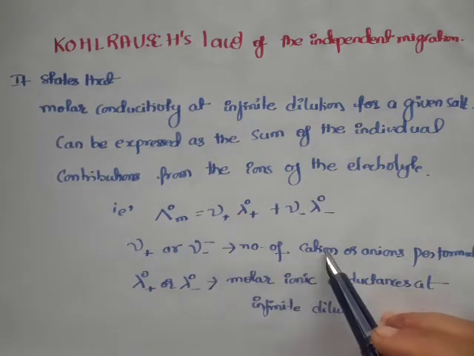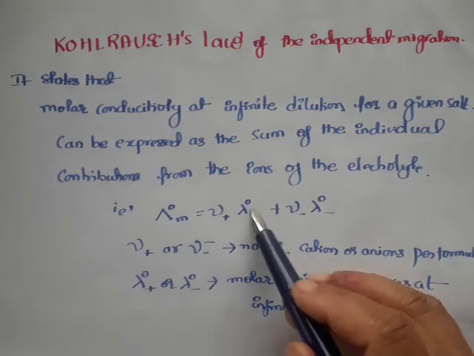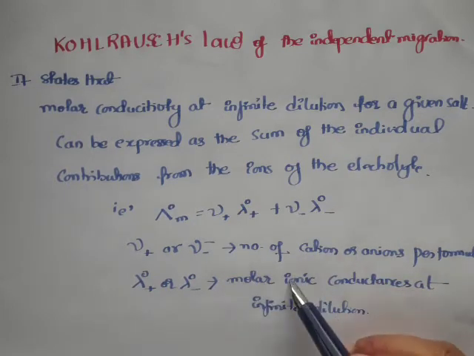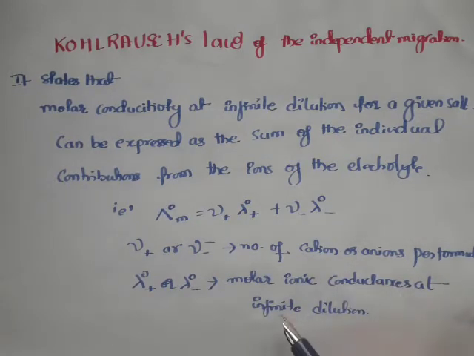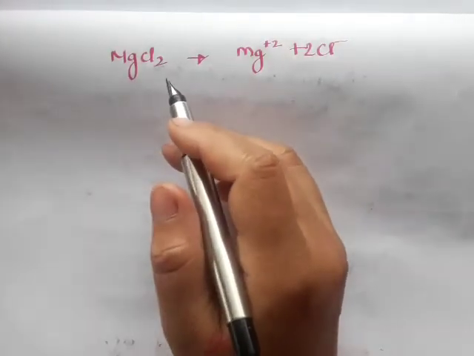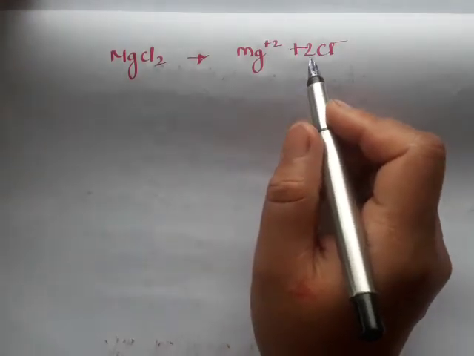Here, nu plus and nu minus are the number of cations and anions according to the formula, and lambda naught plus and lambda naught minus are the molar ionic conductances at infinite dilution. Suppose we have magnesium chloride as the salt. How does it ionize? Mg2+ and 2Cl minus.